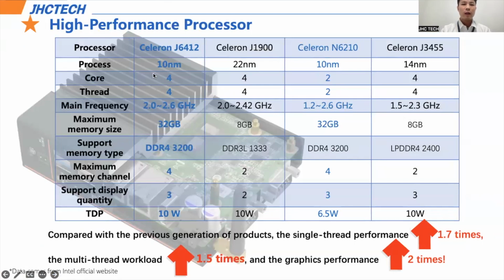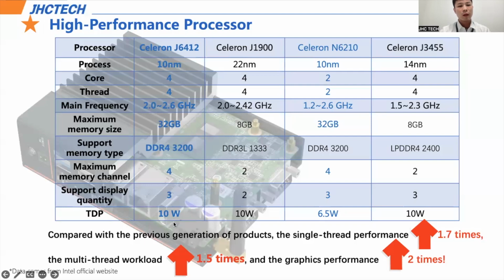As we know, it's equipped with the Alder processor compared to Intel J1900. The J6412 is 4 cores and 4 threads. It has higher frequencies than the previous processor, and it can support up to 4 memory channels, supporting DDR4 up to 32 GB.